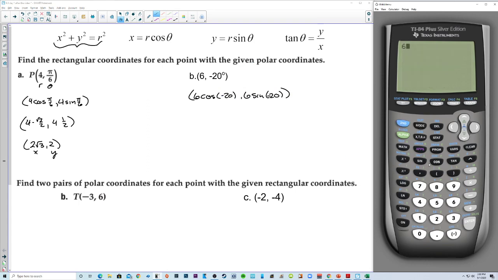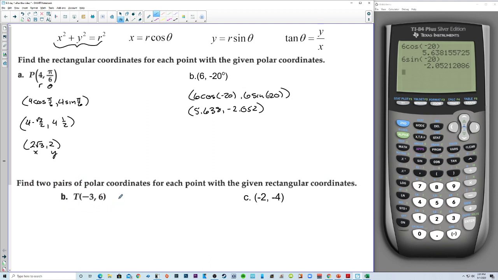And we have 6 cosine of negative 20, and then 6 sine of negative 20. And we're going to round to 3 decimal places unless it says otherwise. So 5.638 and negative 2.052.